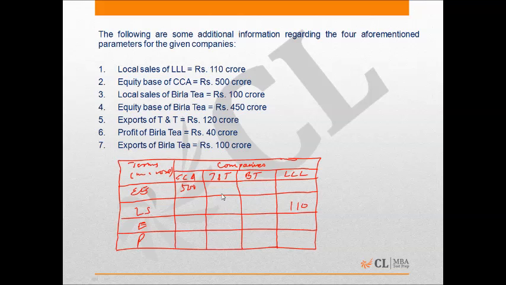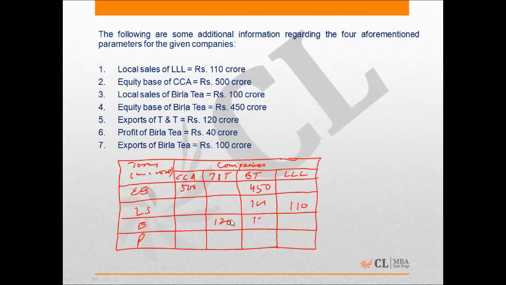Local sales of Birla Tea is rupees 100 crore. So it is 100 crore. Equity base of Birla Tea is 450 crore. So this is 450 crore. Export of T&T is 120 crore. 120.